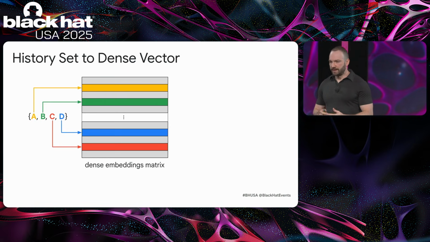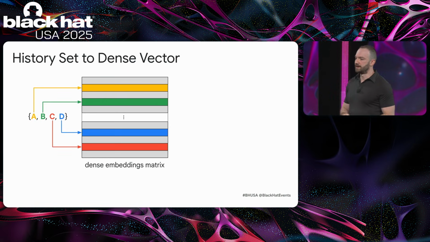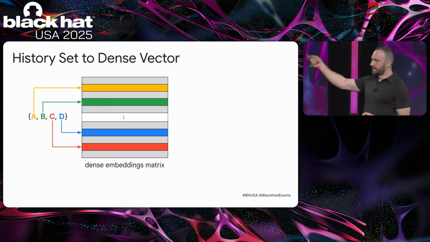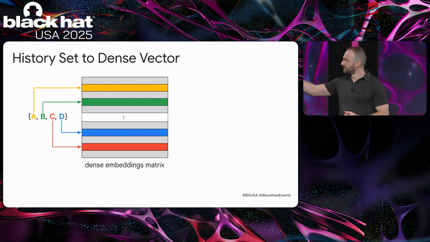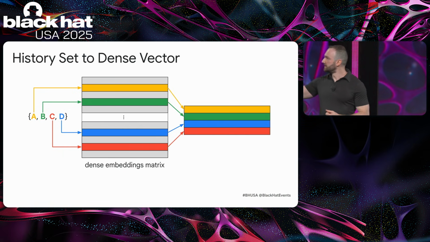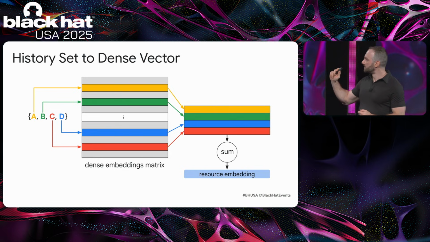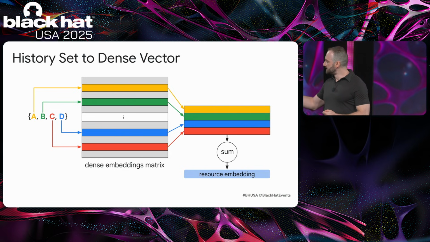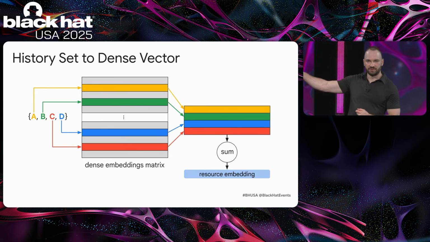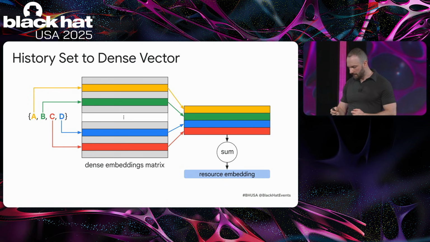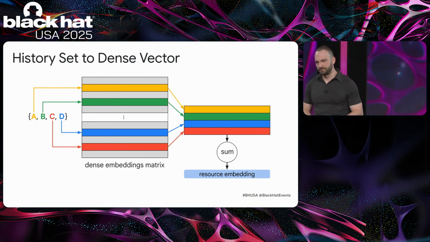The first step to create the embedding that corresponds to that particular resource at that particular time is to fetch the user IDs' embeddings from that embedding matrix, gather them, and finally sum them together. There's a little bit of a normalization step that I'm removing here, but this is essentially how you get to a dense representation of the resource. You simply sum together the embeddings of the users that have previously accessed the resource.